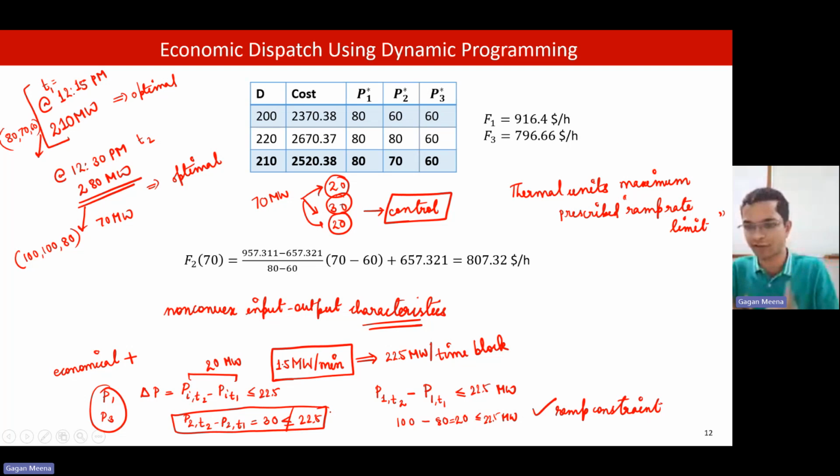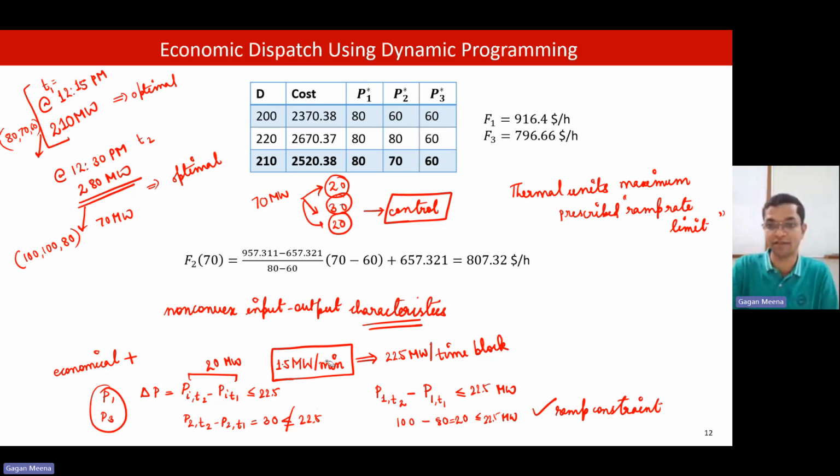Although the economical solution, the optimal solution as per the economics, says that generator 2 should increase its generation by 30 megawatts, the practical limit, the control of the generator, doesn't allow that. So even if we go by the economical solution, the ramp limit will be violated, which cannot be allowed.